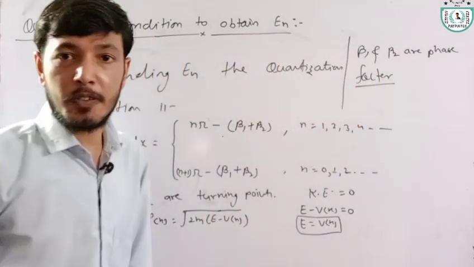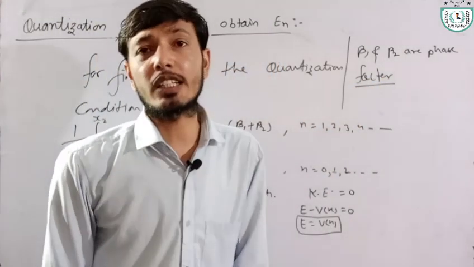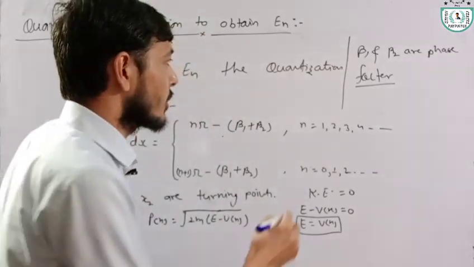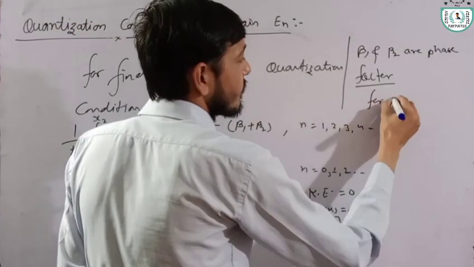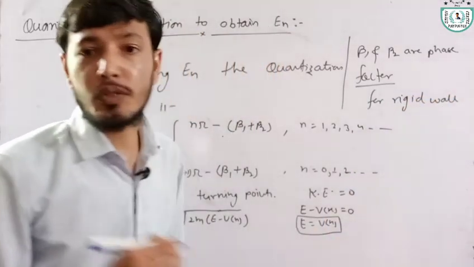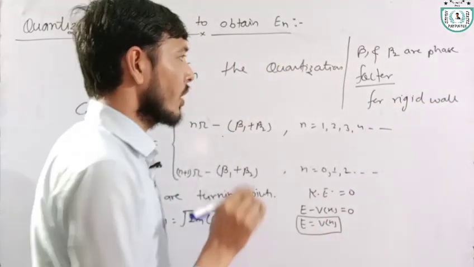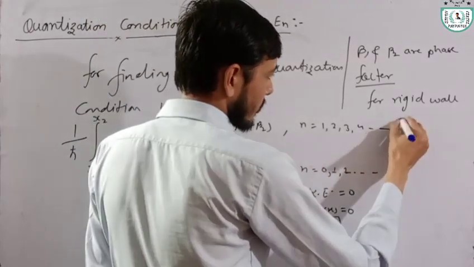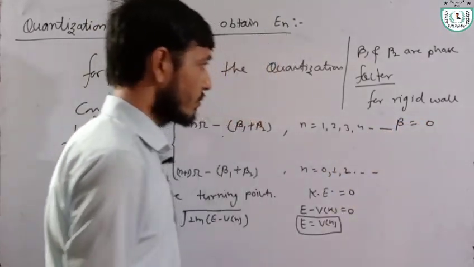And the value of phase factors: for a rigid wall, the phase factor is equal to 0. Beta is equal to 0.